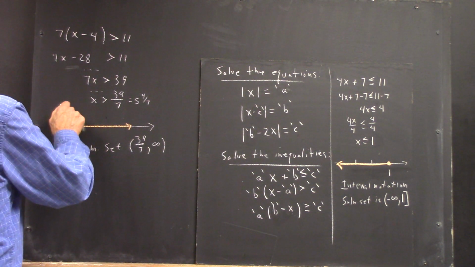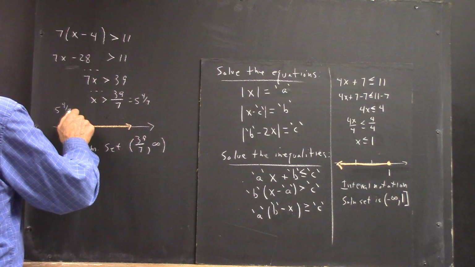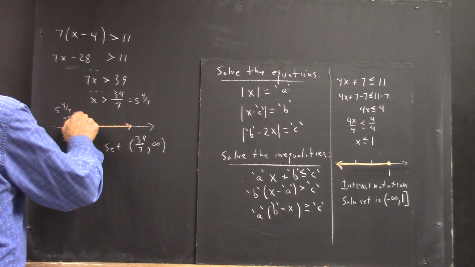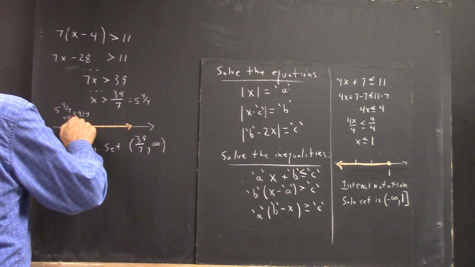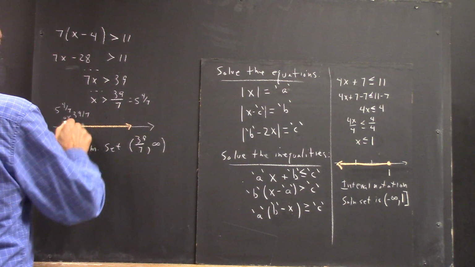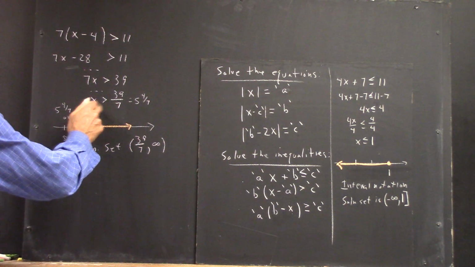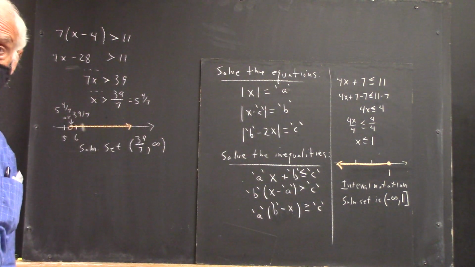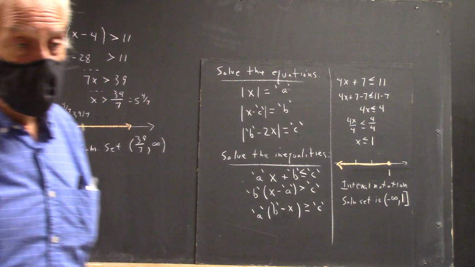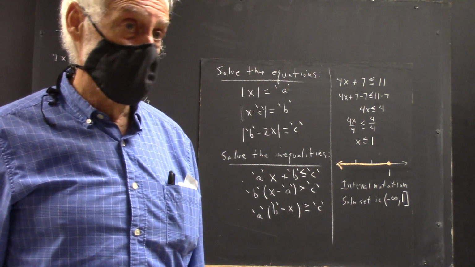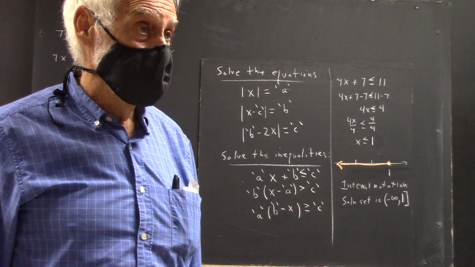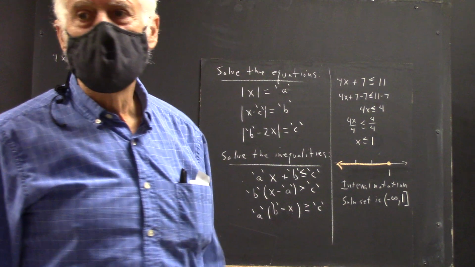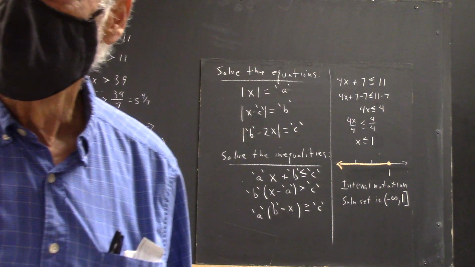So the coordinate here is 5 4/7. Or 39/7. 39/7 is fine here, but if you're graphing it, of course, you kind of need the mixed number. And do not go to your calculator and do a decimal approximation. Okay?